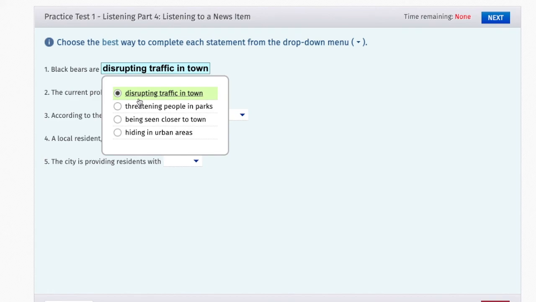So, in general, that's what we need to do when we try to select answers. Let's not select answers just because we heard the word urban or town or parks. And similarly, not just because we can assume that the bears are disrupting or threatening.